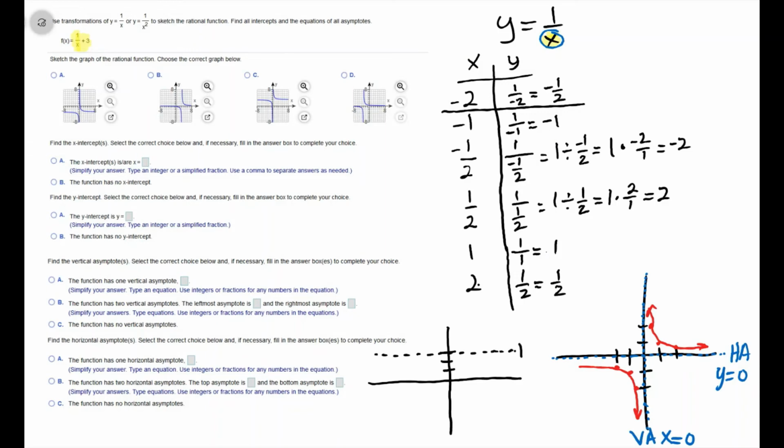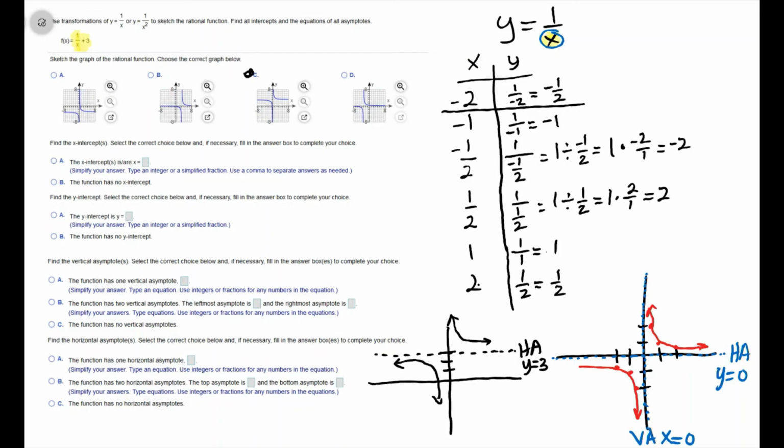So now we're going to have a horizontal asymptote at y equals 3 instead. So we end up getting a picture that looks very similar to the original one, just shifted up 3 units. So that's going to be this picture here. It also asks that we find the y-intercepts.